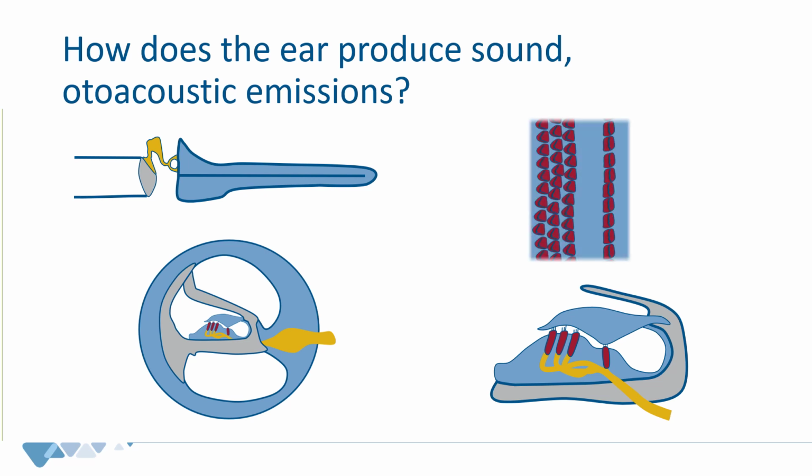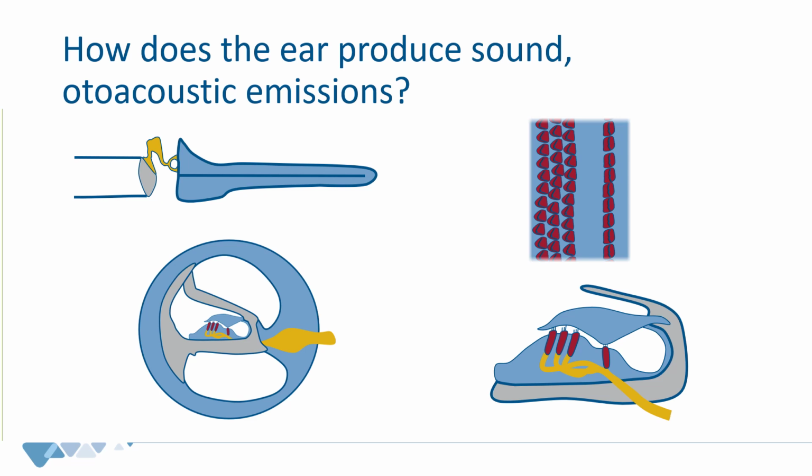If you look from above on top of the basilar membrane, you would see 3 rows of outer hair cells and 1 row of inner hair cells. Now, the way it works is that the vibration by the sound that moves the basilar membrane allows those inner hair cells to detect that there is movement.